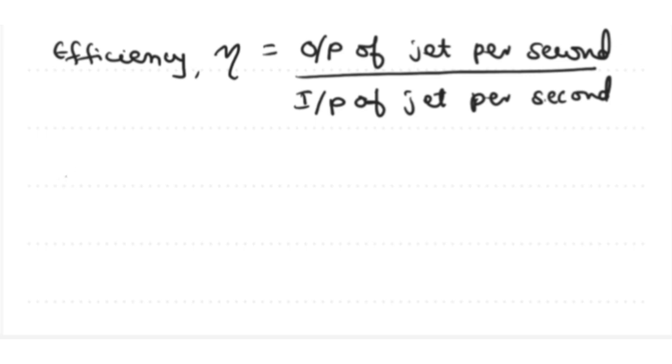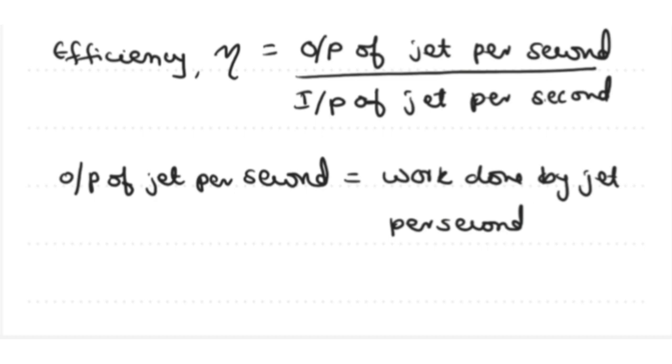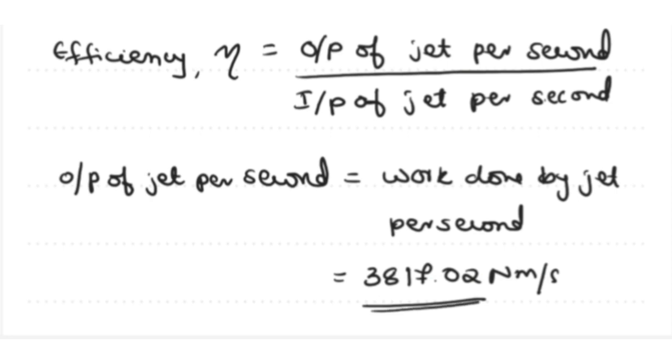Output of jet per second is equal to work done per second, that is equal to 3817.02 Newton meter per second.